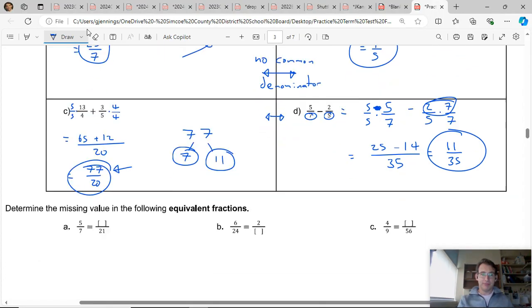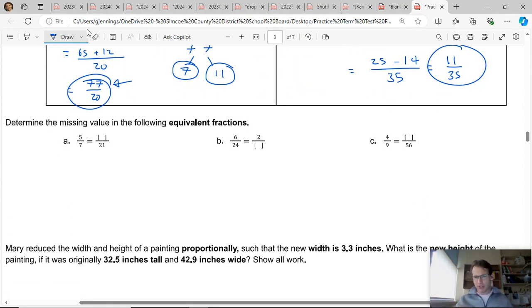Done. Okay. If we have equivalent fractions like this, it's very similar to solving for x. Just imagine you have x there. And if I can create a common denominator on both sides, or scale the fractions up to the same thing, I can do this. So 5 over 7 multiplied by 3 on 3 is equal to x on 21.